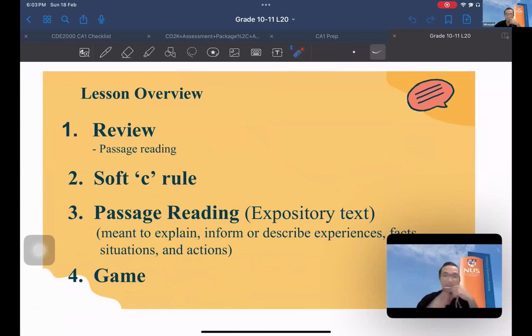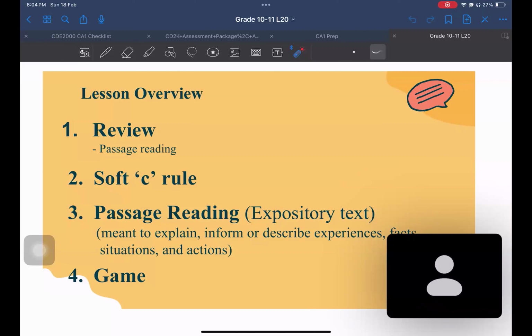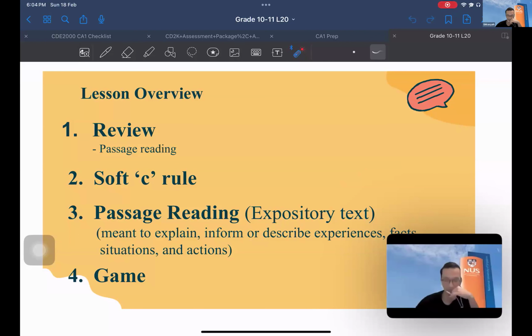And maybe just a bit of passage reading, and some games, more like questions to test you on your pronunciation for C. So today is mostly on how to read properly.